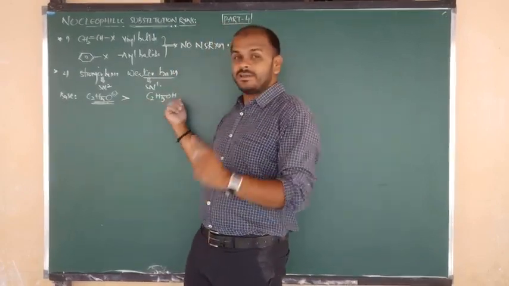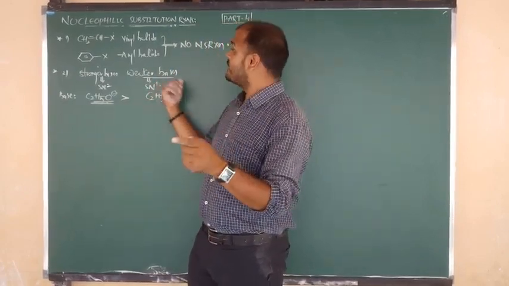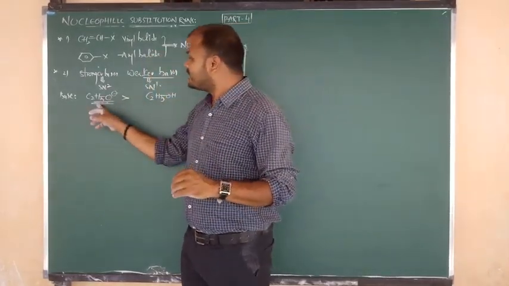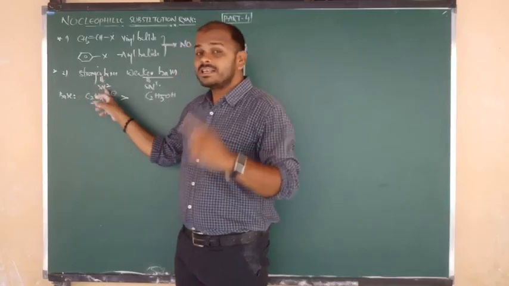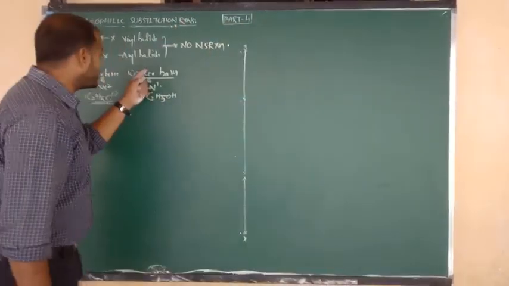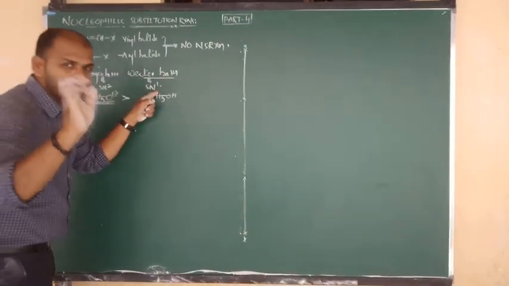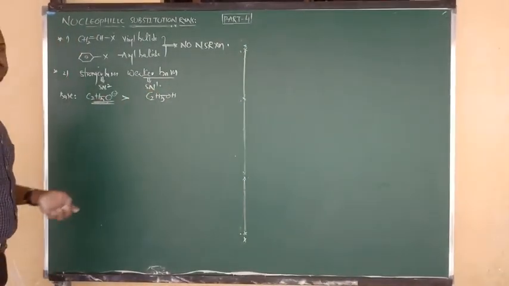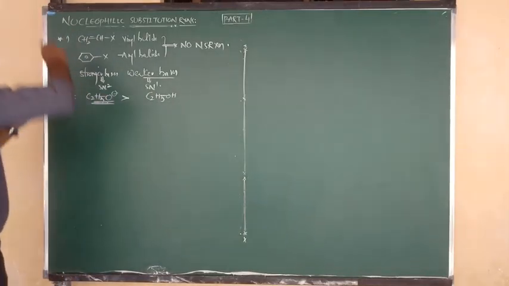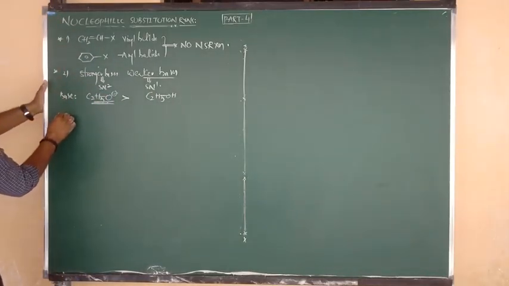So A, with ethyl alcohol, a weaker base, favors SN1, which means racemization is the product, and ethoxide, a strong base, favors SN2, which means inversion is the product. So in the presence of weaker bases we follow SN1, and in the presence of stronger bases we follow the SN2 mechanism. Good. Next point I am going to show you.